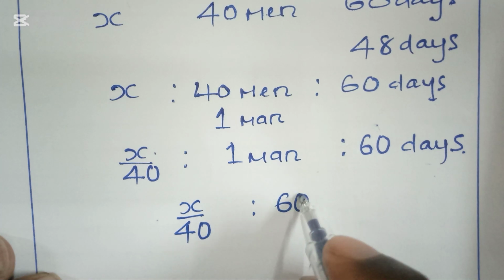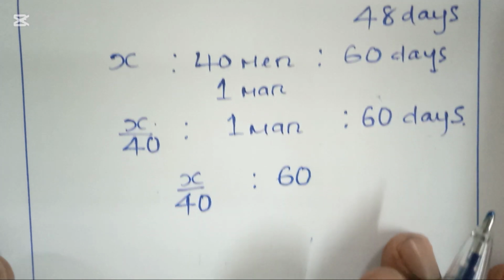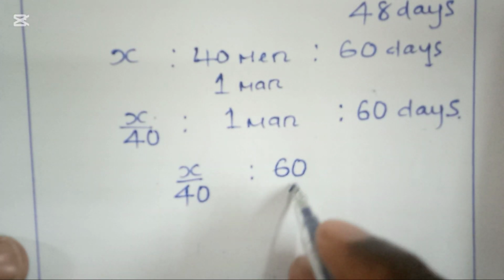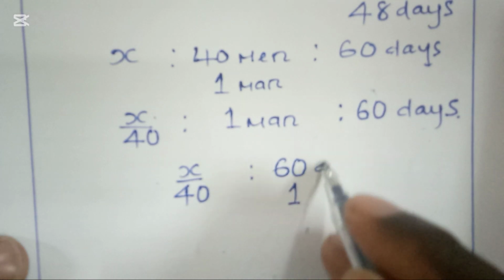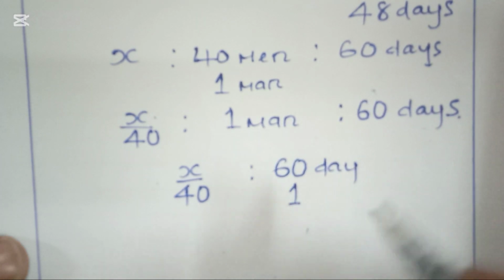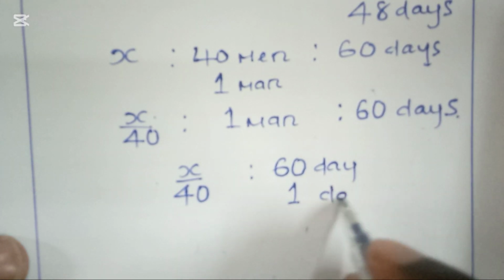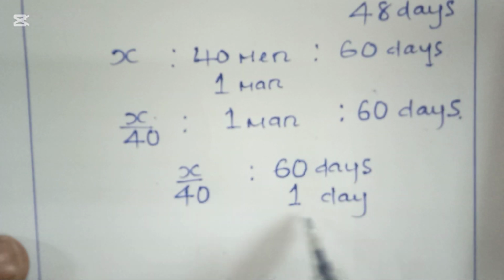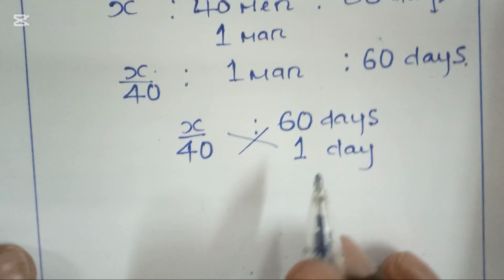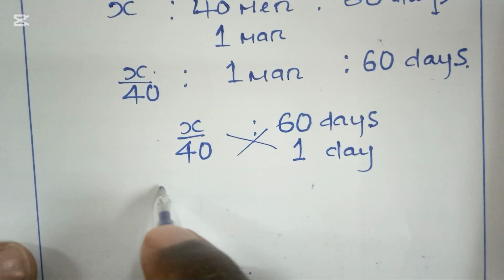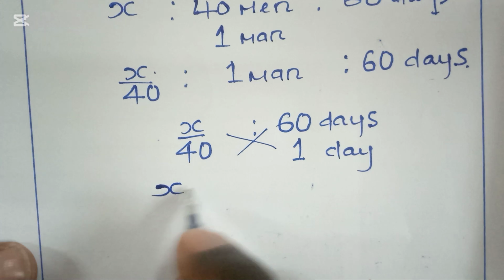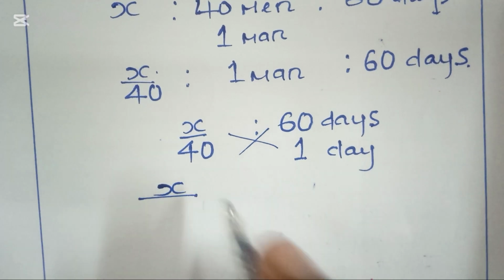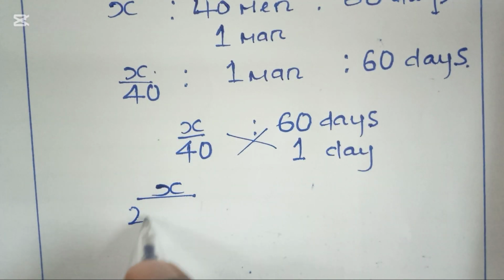Now we check how much work he will do for 1 day. Those are 60 days. What about 1 day? We expect that this is going to be less, and so we cross multiply yet again. The work that can be done by one man for a single day will be X all over 40 times 60, which is 2400.